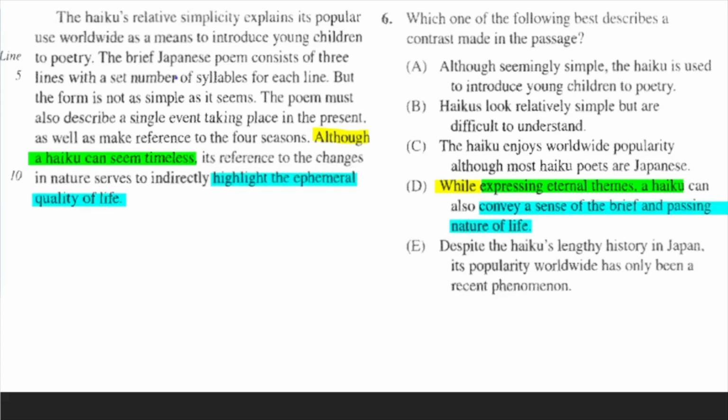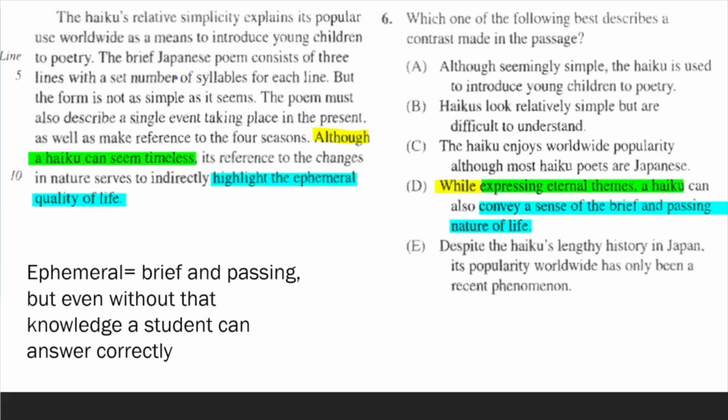And ephemeral means brief and passing. But even without that knowledge, the student could answer correctly, because we can see that B, C, and E all have some sort of issue. B says that they are relatively simple and difficult to understand, but it doesn't say anywhere that they are difficult to understand.